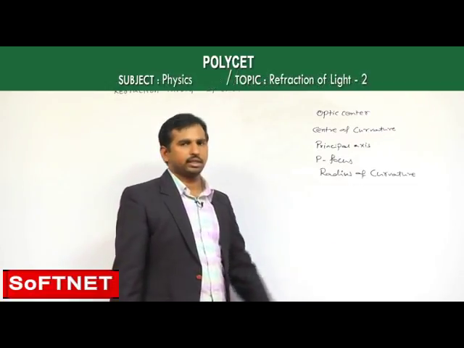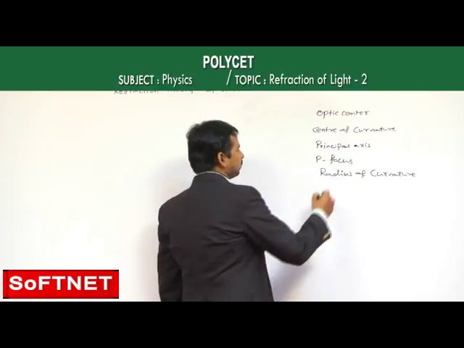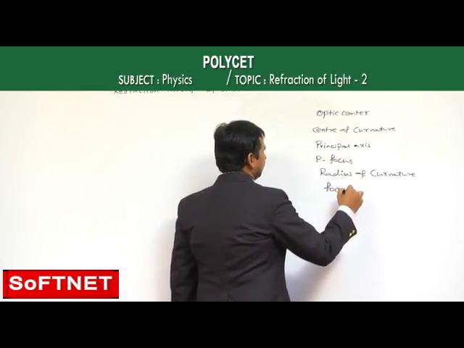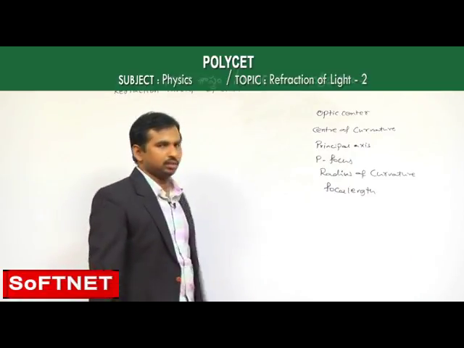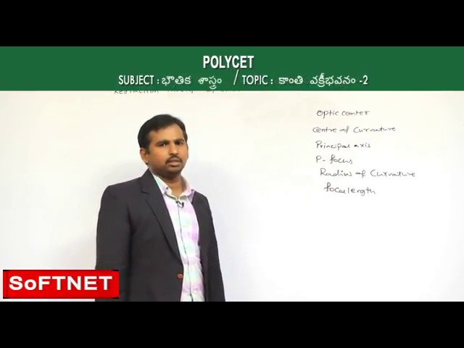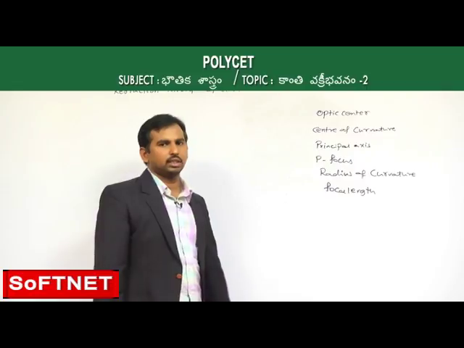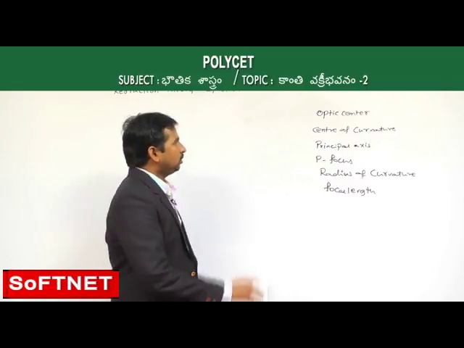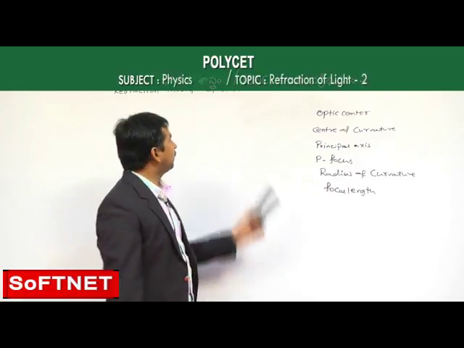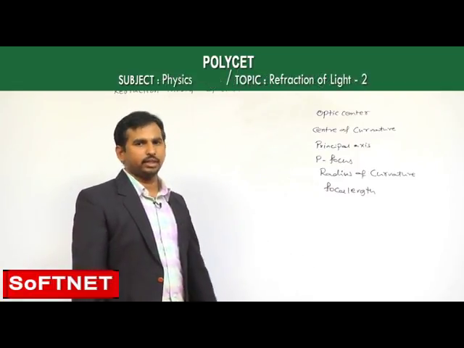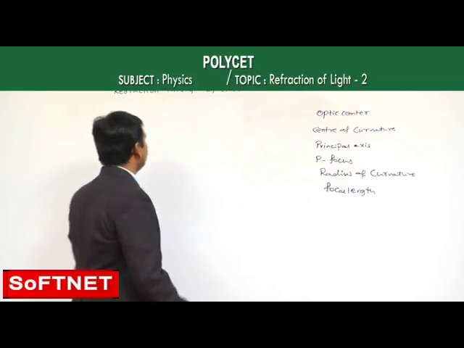And the next one is focal length. Focal length is the distance between the optic center and the principal focus. Now, by taking all these 6 basic definitions, we are going to explain the behavior of the light ray whenever it is incident on any of the spherical lens here.